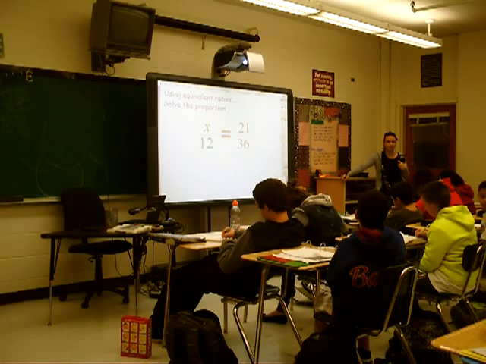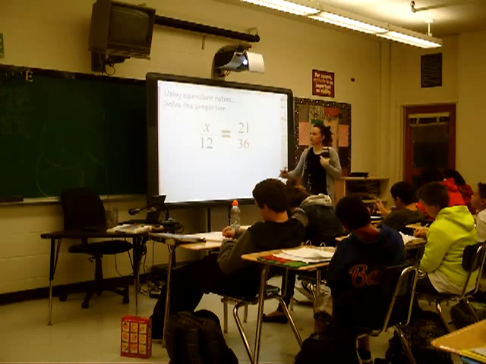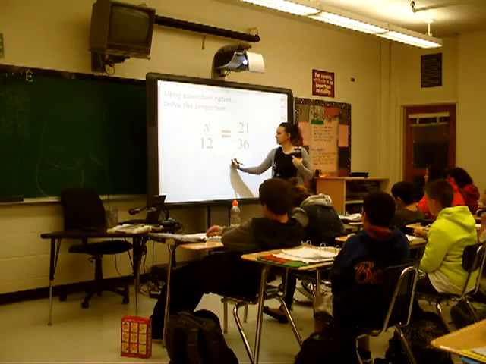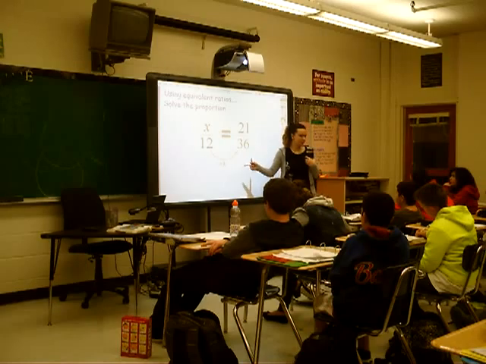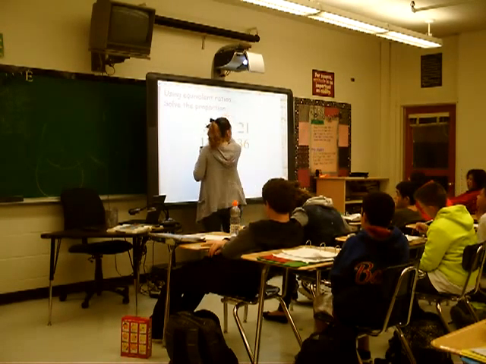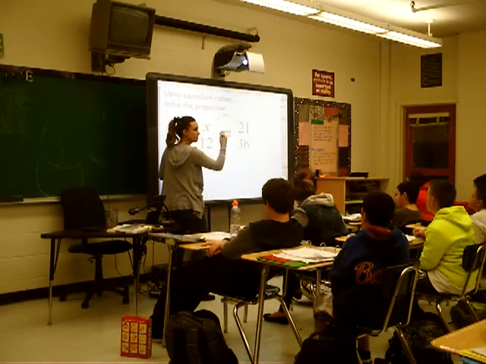I put 7 as an x and multiplied it by 3 to get 21 and 12 times 3 is 36. Okay, so you did 12 times 3 is 36. And then we would have to ask ourselves, what times 3 is 21? And that would be 7.